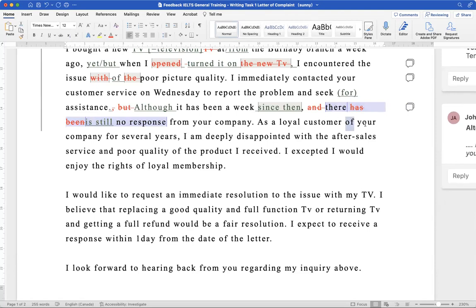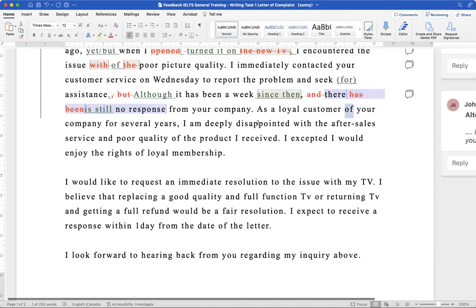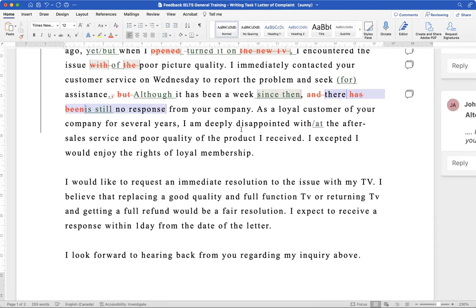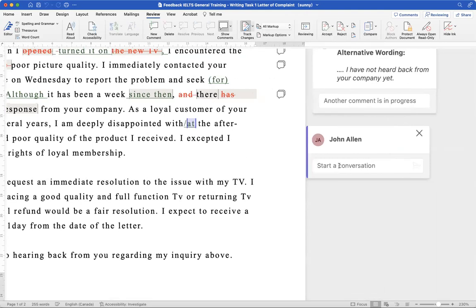As a loyal customer of your company for several years, I'm deeply disappointed with the after sales service. Good job. Disappointed with something, or you can say disappointed at something. I would use at here. It is more common in this context. Again, with is not wrong, but again, standard English rules.